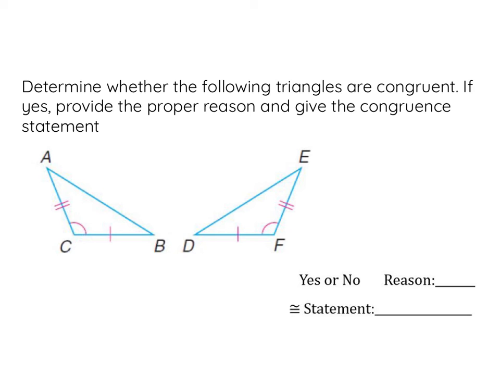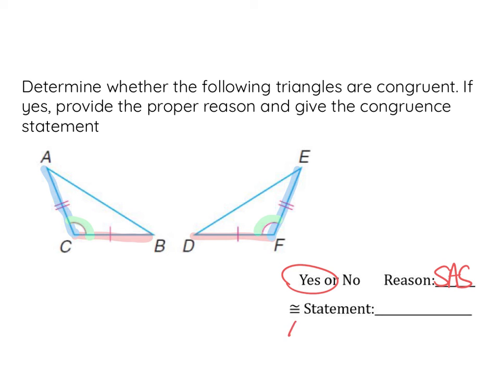Okay, so let's look at the parts that we have here. CB matches DF, so that's one side. AC matches EF, so that's another side, and then we have our angle, which is in between them. Okay, so we would say that yes, these are congruent by side, angle, side, right? We have the three parts that we need, and the angle's in the right place. Okay, so yes, they are.